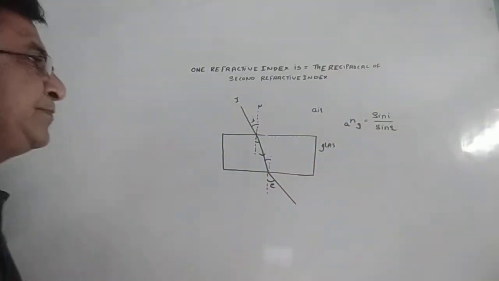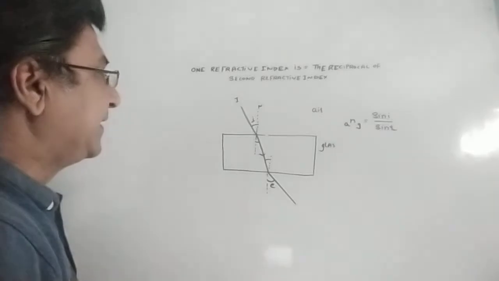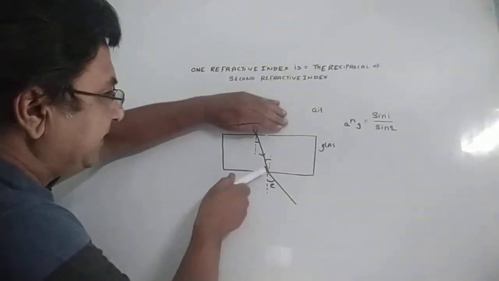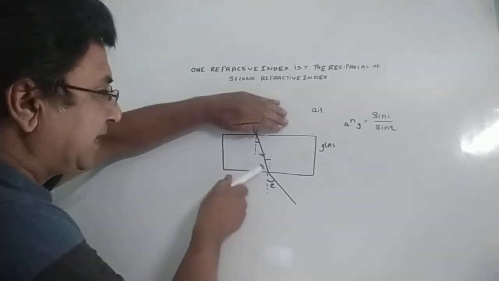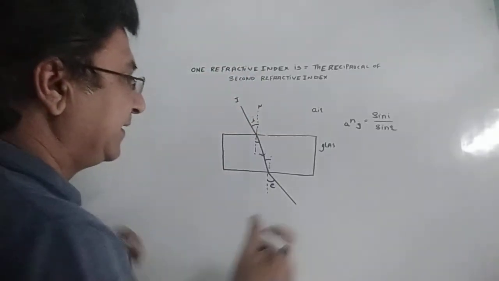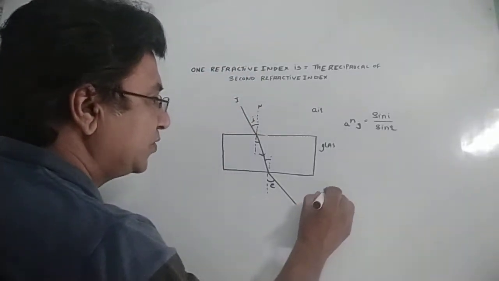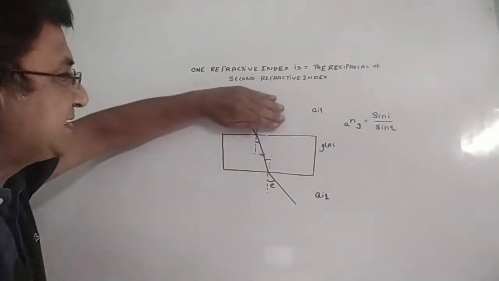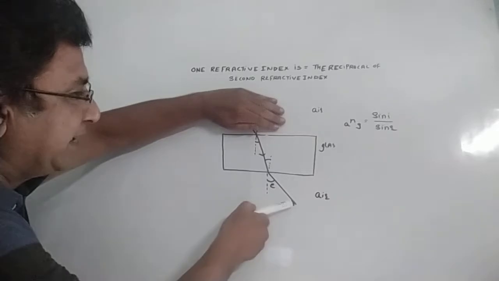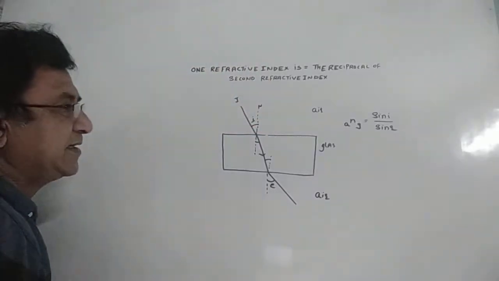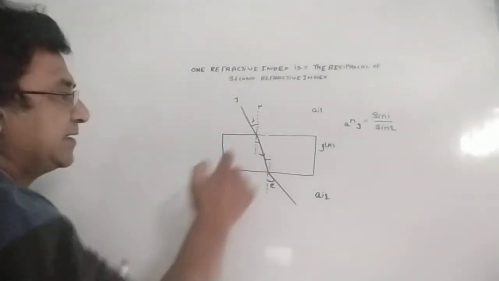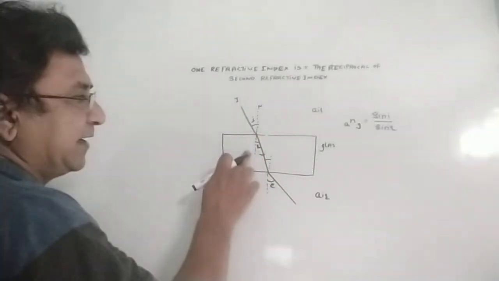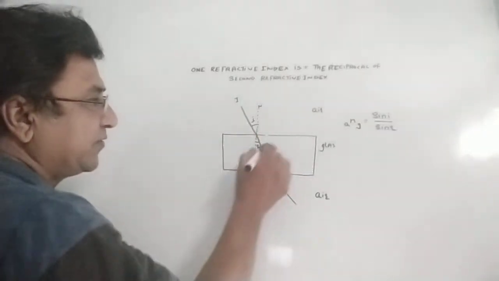R. Now forget this ray and look at this ray. When the ray is moving from glass to air again, remember these are two alternate angles. This is the angle of refraction, and this is also the angle of refraction.